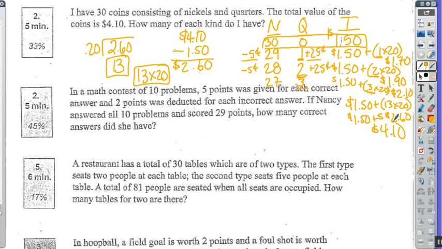So if the number I'm multiplying 20 by is the number of quarters, this tells me that I need 13 quarters. I know I need 30 coins, so I need 17 more coins to make 30, so I need 17 nickels. So the answer is 13 quarters with 17 nickels.